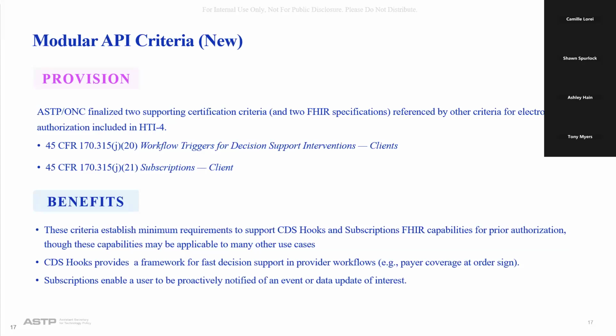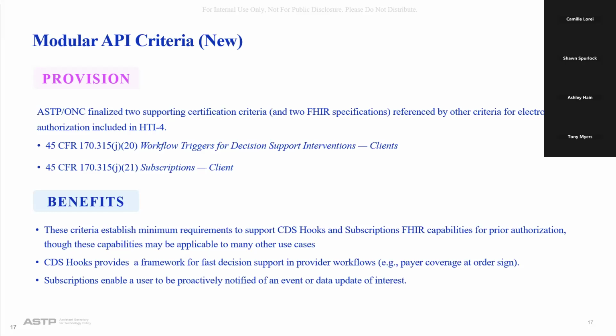Okay, so we also finalized in HTI 4 modular API criteria. We had proposed a lot of modular API criteria in HTI 2. And the 2 that came out of that, and what we finalized in HTI 4, were the workflow triggers for decision support interventions on the client side, which is the provider end, and subscriptions on the client side.